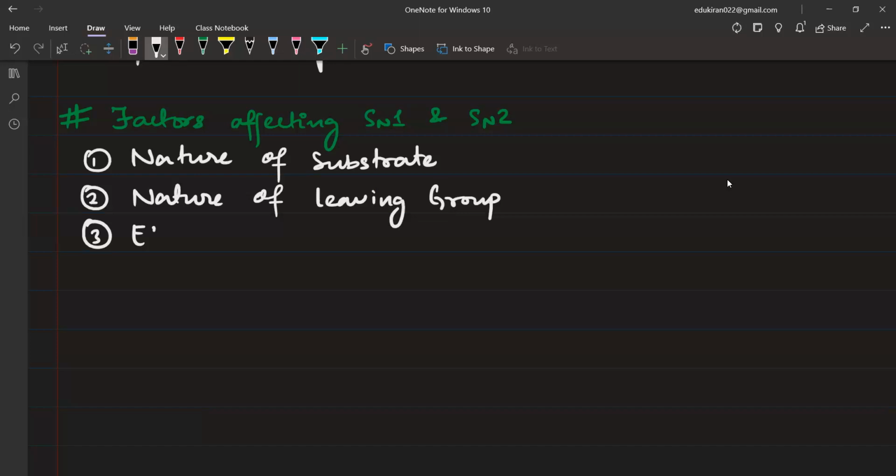Third is effect of solvent. Okay. So this we are going to look at tomorrow. Please write this down. Tomorrow we are going to look at the factors that affect the rate of SN1 and SN2, when the SN1 is going to be faster, when it is going to be slower, and so on.